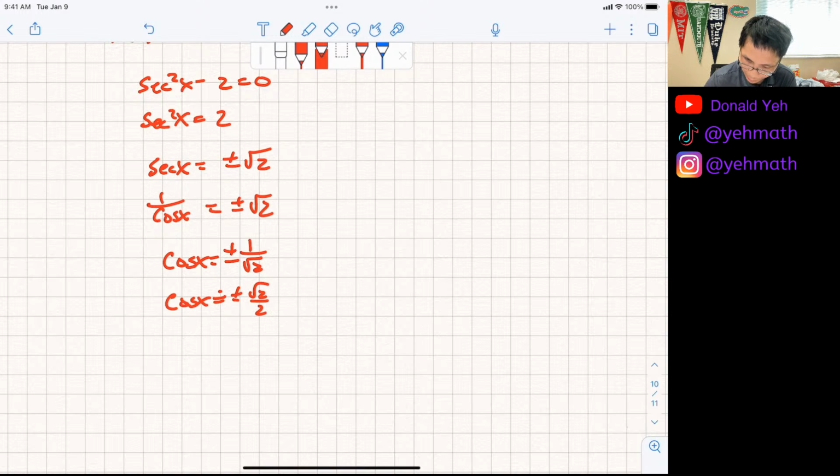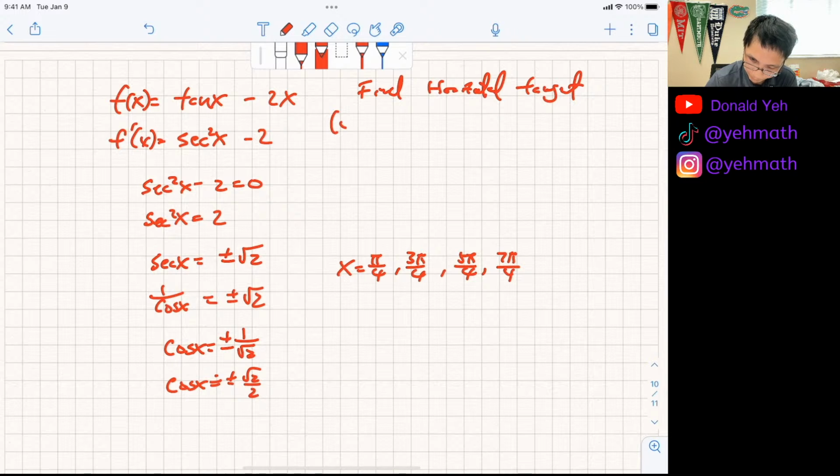So you have to know your trig. When does cosine of x equal square root 2 over 2? All the pi over 4s, right? So there are 4 different situations with horizontal tangent between 0 and 2 pi.